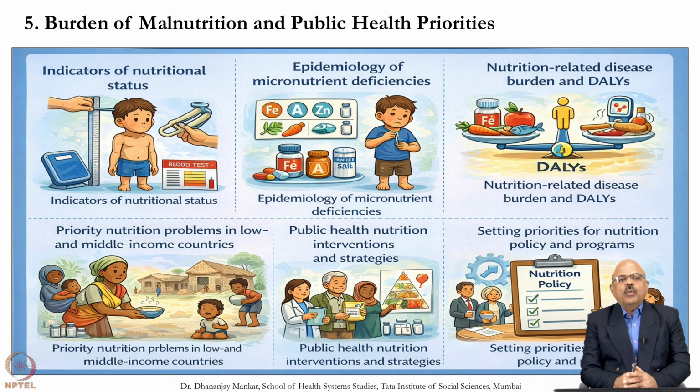The indicators point to nutrition status with stunting, wasting, and age. Epidemiology of micronutrients gives deficiency more importance, particularly of iron, vitamin A, zinc, and vitamin B12.